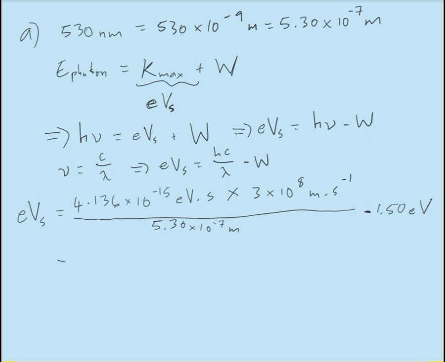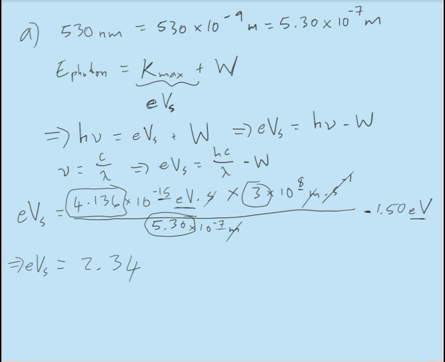So I suppose we can plug this into a calculator, but before we do that, let's see what happens to the units. So the meters cancel, the seconds times second to the minus 1 cancels, so we're left with electron volts here and electron volts here, so this is excellent. At least we didn't make a mistake with any of the formulae. So 2.34, let me use 2 decimal places.